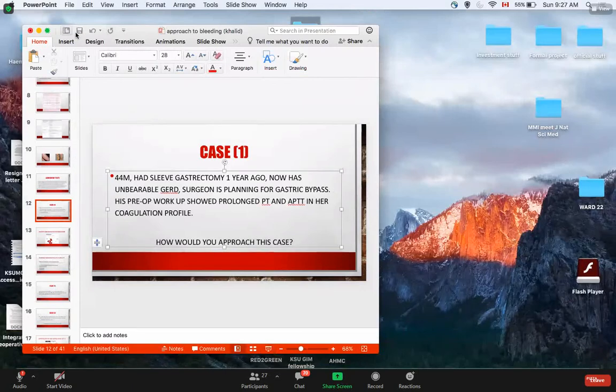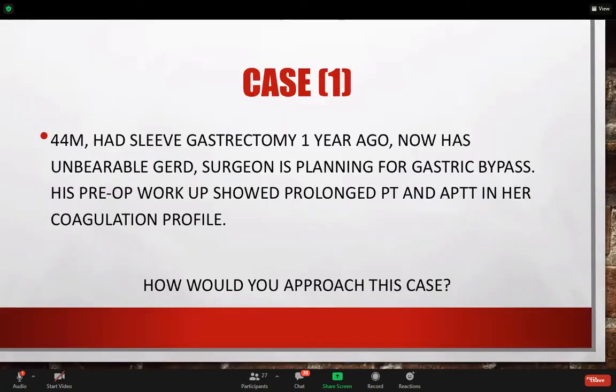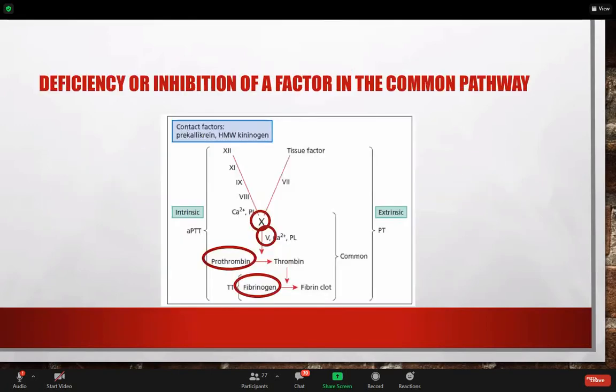His pre-op workup showed prolonged PT and APTT in his coagulation profile. So how would you approach this case? So far in the pre-op workup, they have prolonged PT and APTT in their coagulation, okay?